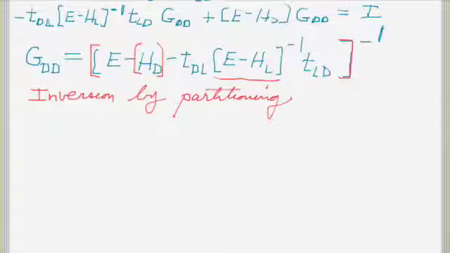Yeah. The device Hamiltonian is kind of a 3 by 3 matrix, right? Well, that's what we've been doing, yeah. And the E minus HL is a semi-infinite matrix. Right. So how are we adding the 3 by 3 matrix with it? Well, those TDL matrices are pretty asymmetric too, right?